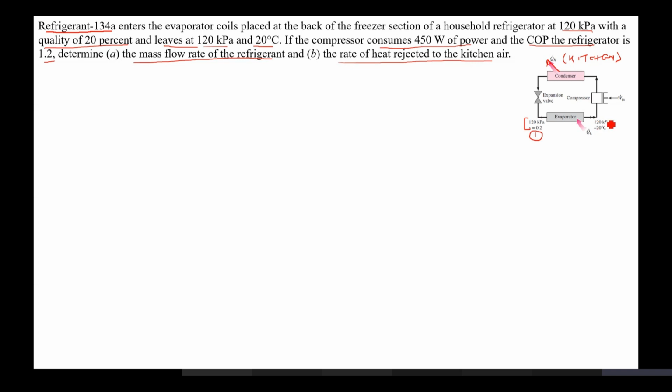And as it leaves through the evaporator, it is at state 2. During this process, the refrigerant absorbs the heat at the rate of Q dot L. And furthermore, it goes through the compressor, which is providing the work into the system at a rate of 450 watt.